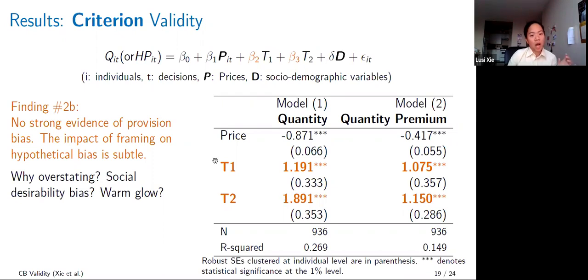And that is also common for T1 and T2. So our guess is that it probably has something to do with the attribute we use, the donation, because it has that public goods component. A potential reason might be social desirability bias or warm glow. But with the current design, we are not able to identify those. And we hope to get some ideas to interpret this result.